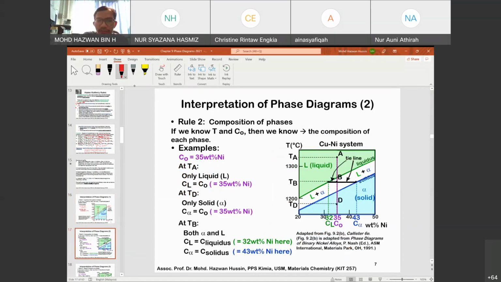For example, you have an initial composition, a studied composition, at 35% nickel. 35% nickel over here. You just draw a straight vertical line over here. And at temperature TA, which is located here, point A, what will be the phase?